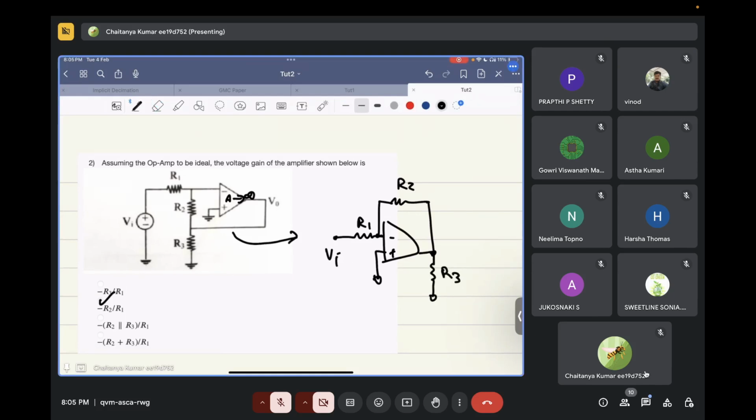It's like this, right? So if you redraw the circuit like this, then this Vx will be equal to 0 and the output will be equal to minus R2 by R1. And R3 will be just a load resistance.